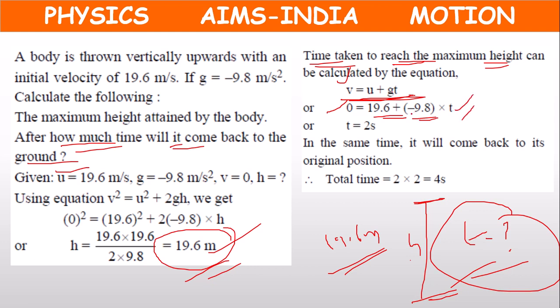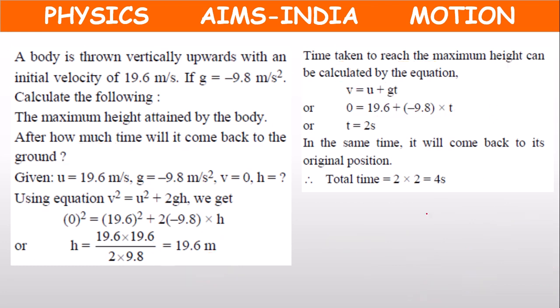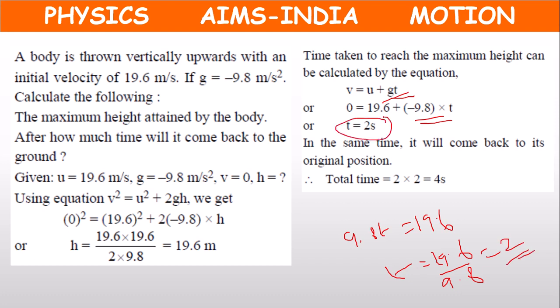So 9.8T equal to 19.6, or T equal to 19.6 by 9.8. After cancellation, it is equal to 2 seconds.